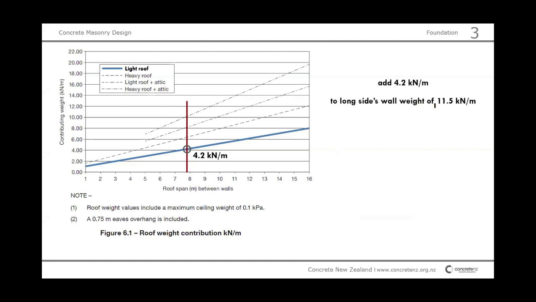We add this to our previously determined 11.5, and that makes 15.7. Quickly compare this with the gable wall, which is 17.25. So this load governs, and we assume now that our footing has to take 17.25 kilonewton per meter.